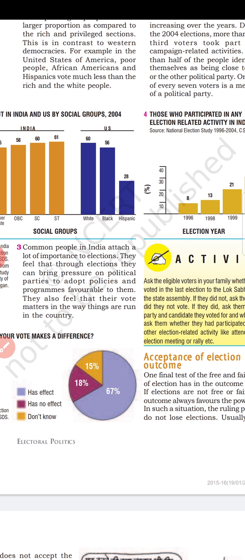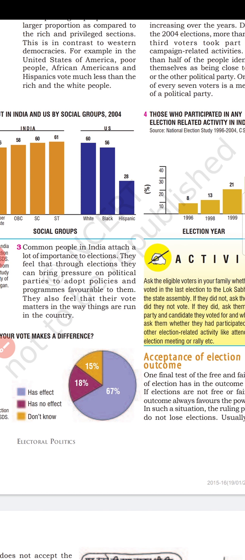The third point is common people in India attach a lot of importance to elections. They feel that through elections they can bring pressure on political parties to adopt policies and programs favorable to them. They also feel that their vote matters in the way things are run in the country.